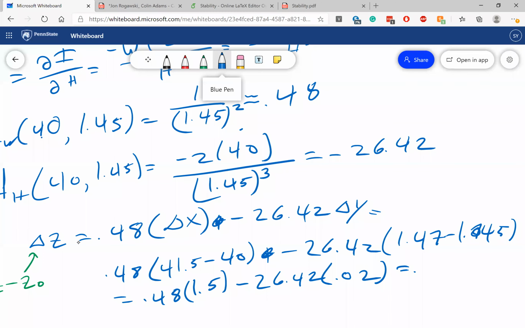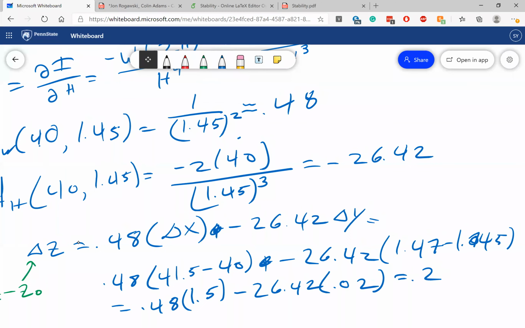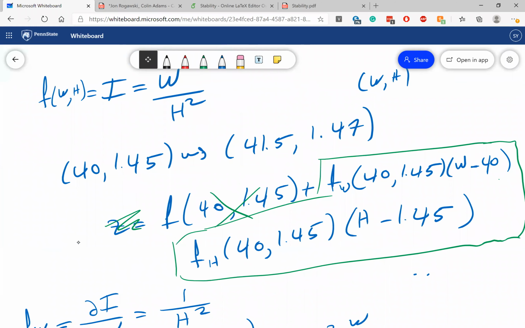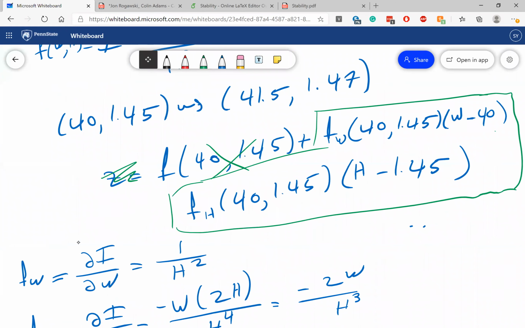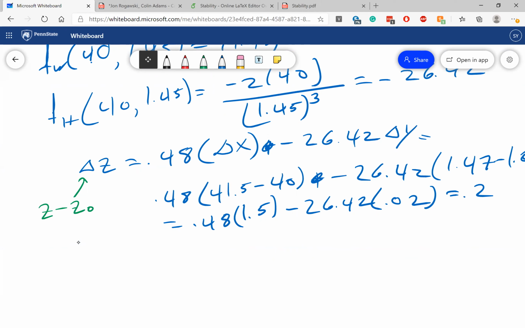So if I move in my W direction from 40 to 41.5, and I'm moving my H direction from 1.45 to 1.47, my delta Z is going to change by approximately 0.2. Any questions about this?